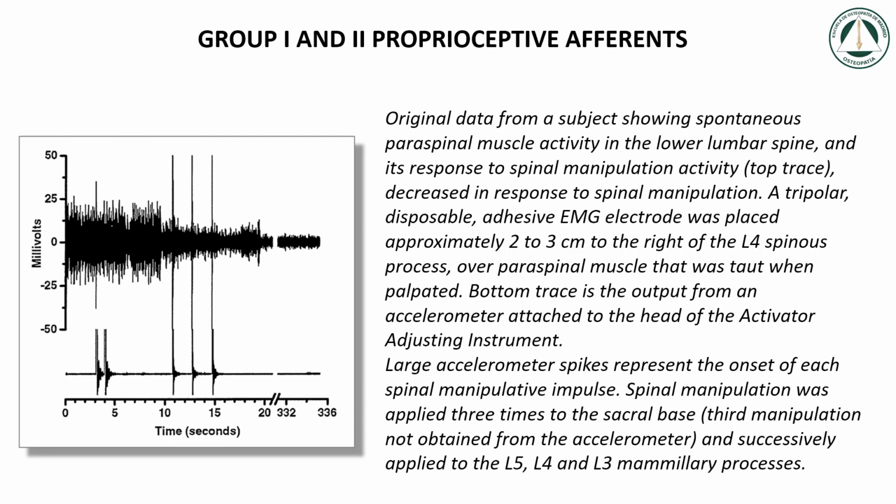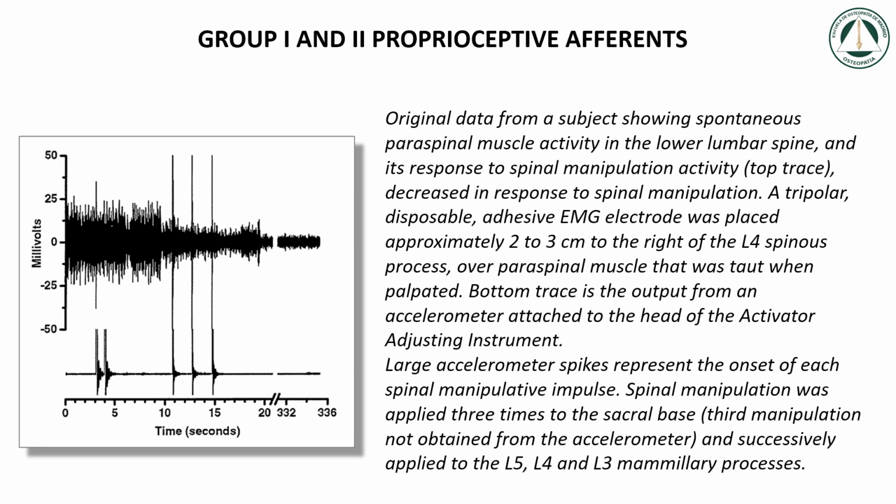This picture, according to Pickar and Wheeler's study, 2001, shows the original data from a subject with spontaneous paraspinal muscle activity in the lower lumbar spine, and its response to spinal manipulation. Activity, top trace, decreased in response to spinal manipulation.